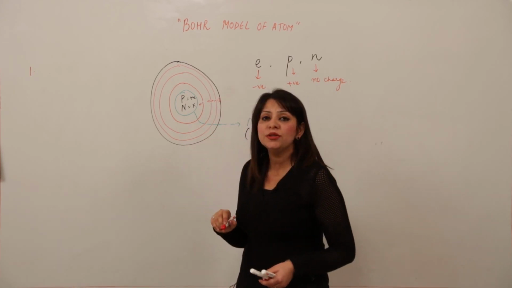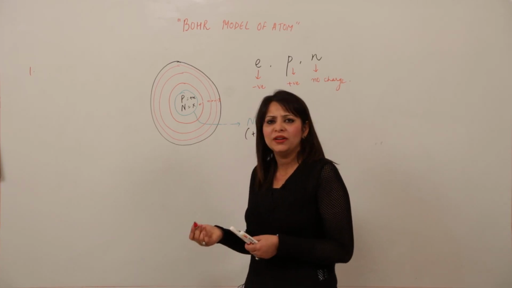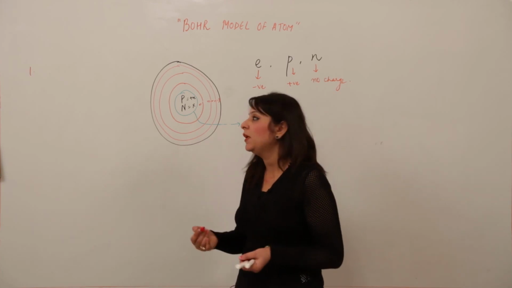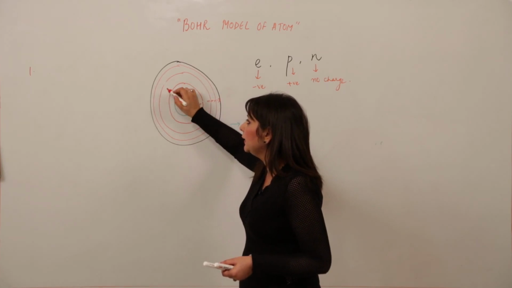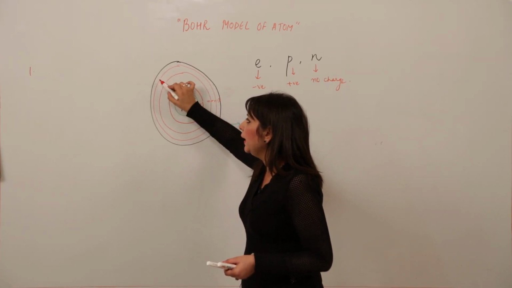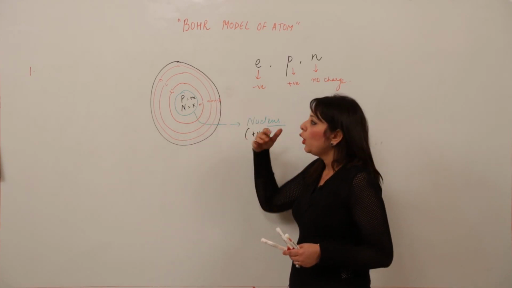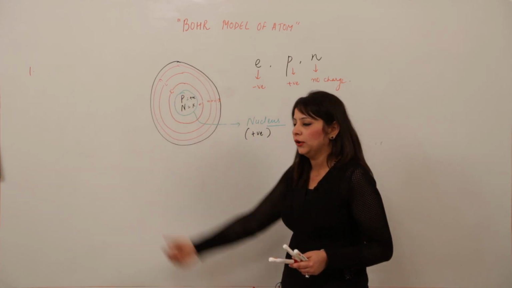But we can't use the alphabets starting with A, because it was given by Bohr. There is no hard and fast rule for it, but for the sake that it was given by Bohr, Bohr gave the first shell the name K, then L, M, and so on. So either you can use the terms 1, 2, 3, or you can use the terms K, L, M, and so on, right?